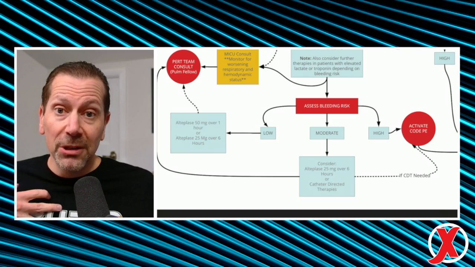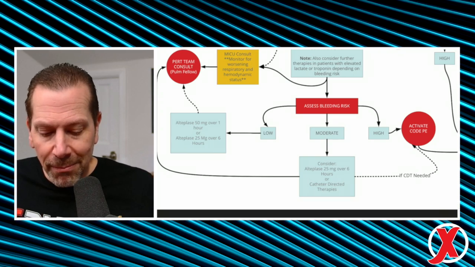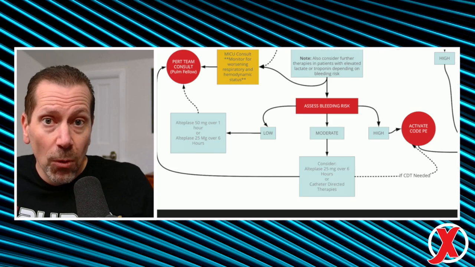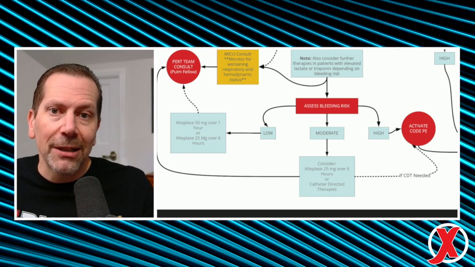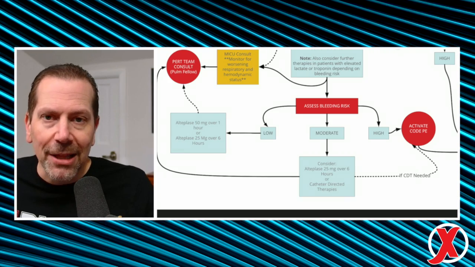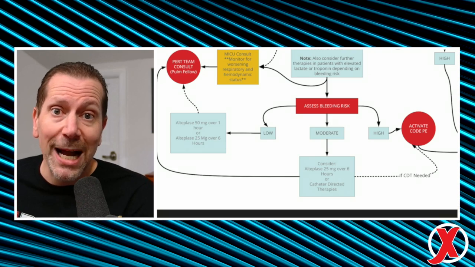My personal belief is with the doses I'm going to tell you about, that's not necessary anymore. Moderate, again, you could either do reduced dose fibrinolysis, or you could send them for things like catheter-directed lysis or clot catheter embolectomy. And then high risk, I really feel those patients deserve some form of intervention rather than systemic lysis.